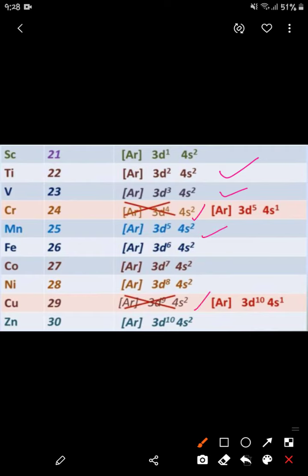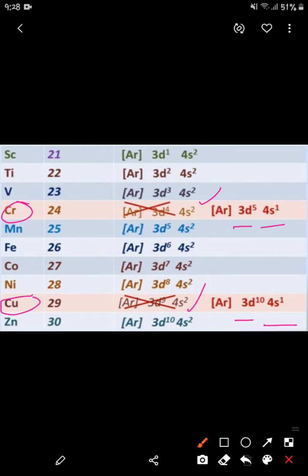But there are two exceptions that you studied in your 11th class also: chromium and copper. Their configuration is different from the expected configuration. For chromium it comes to be 3d5 and 4s1 instead of 3d4 and 4s2, and for copper it comes to be 3d10 and 4s1 instead of 3d9 and 4s2.